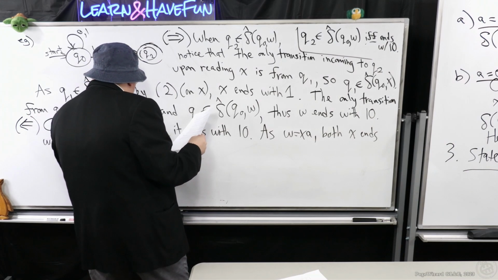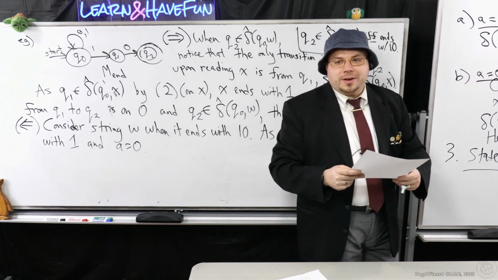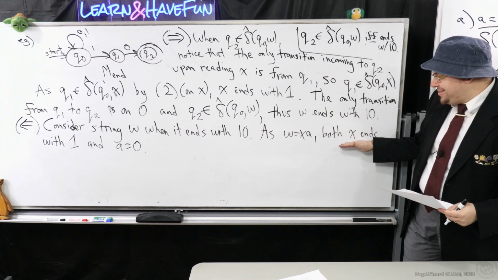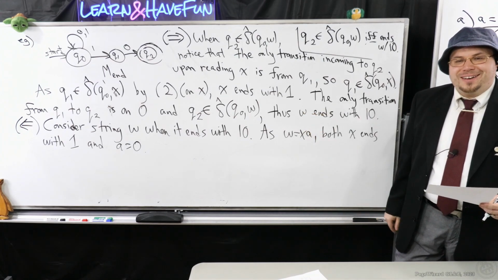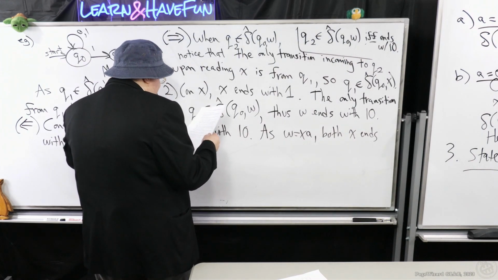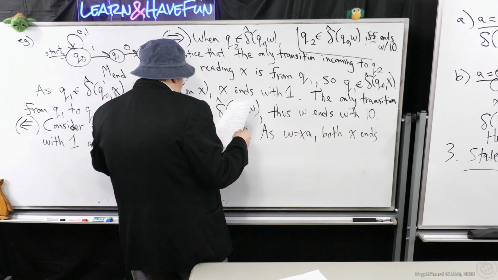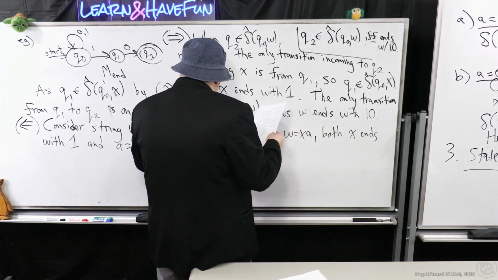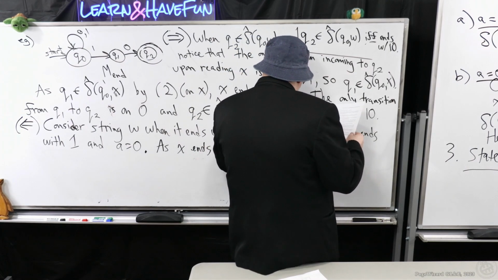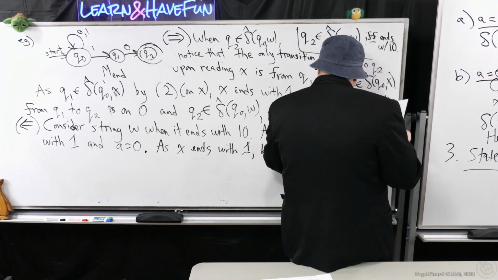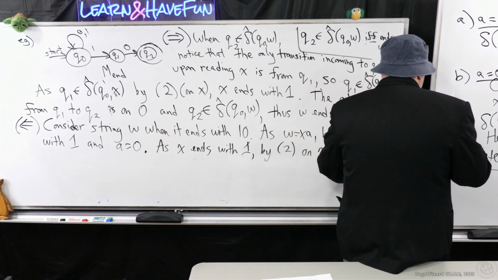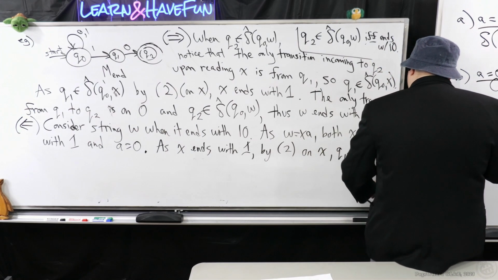A has to be 0. That's the form of the string, right? So notice the minute you have this, that it ends with 1, most of the work is done, right? We use the second invariant on X. As X ends with 1, by invariant 2 on X, Q1 is in the set of states upon processing string X.